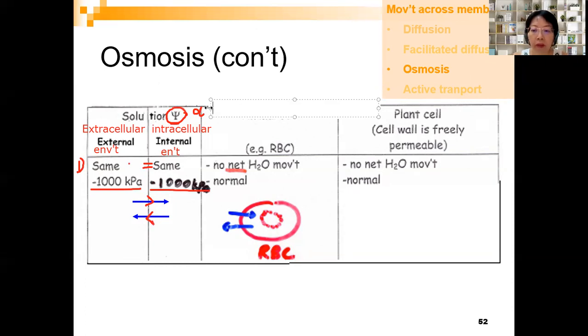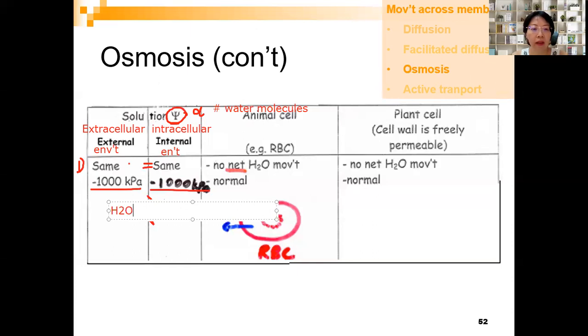So when the number of water molecules on the left side and the right side are the same, and they are at the same temperature, that means the kinetic energy is the same, so the probability of a water molecule moving from left to right and right to left is the same. So they are moving in both directions, but overall there is no net water movement.